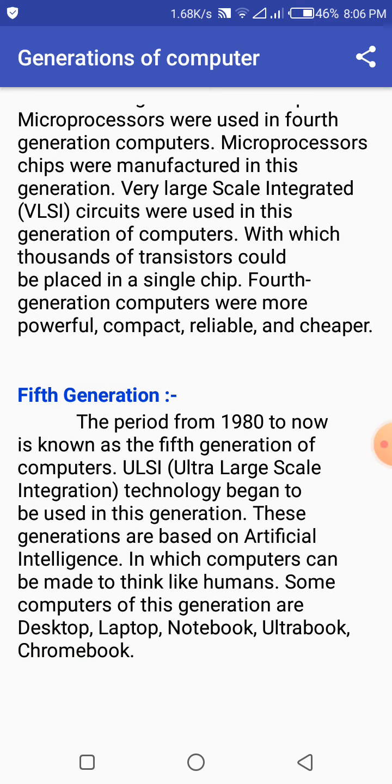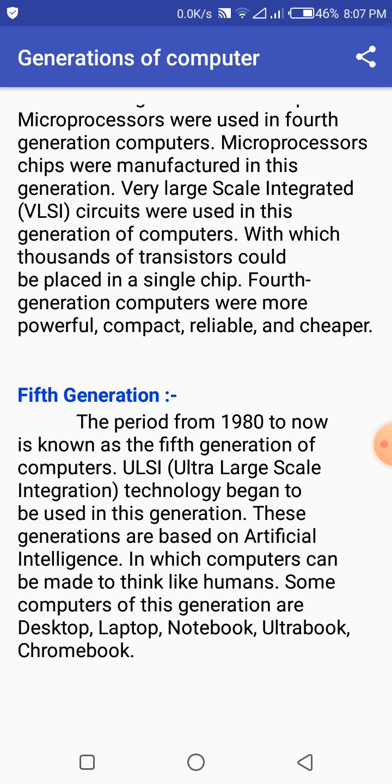Fifth generation. The period from 1980 to now is known as the fifth generation of computers, ULSI. Ultra large scale integration technology began to be used in this generation.